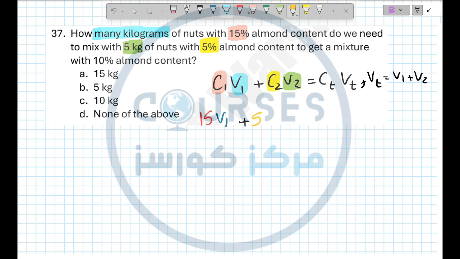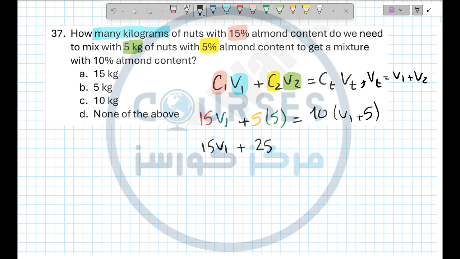So 5 times 5 equals, to get a mixture with 10%, that 10% is the total concentration. And VT, we said VT is V1 plus V2. So V1 plus, we know V2 which is 5.